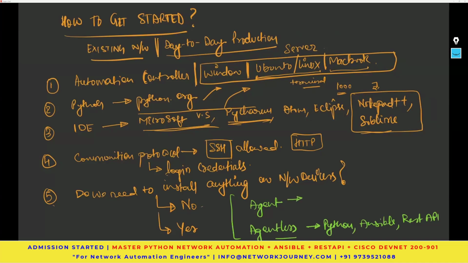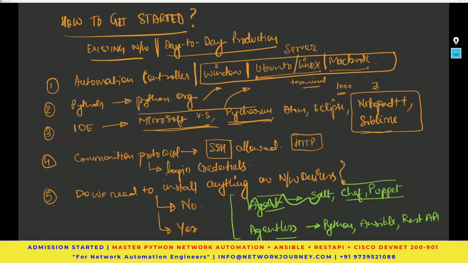But some automation tools like Salt, Chef, Puppet need a small, KB-size extension to be added on the devices. Only then can these servers poll the device, get the configuration, and push the playbooks, cookbooks, and all those things on the agent. But right now we are not discussing this.